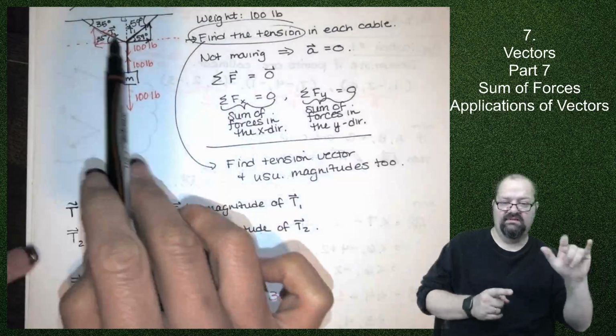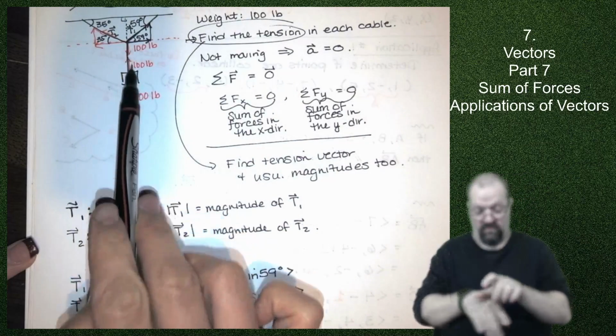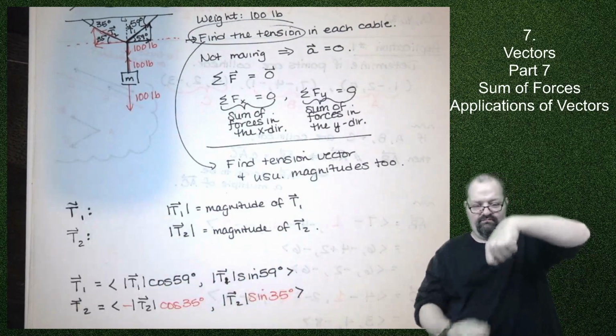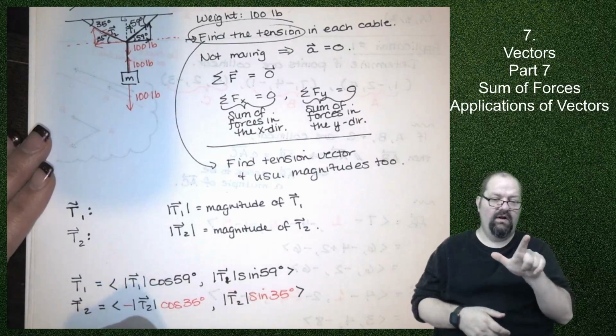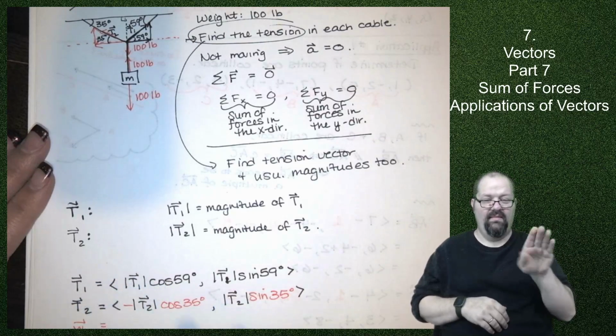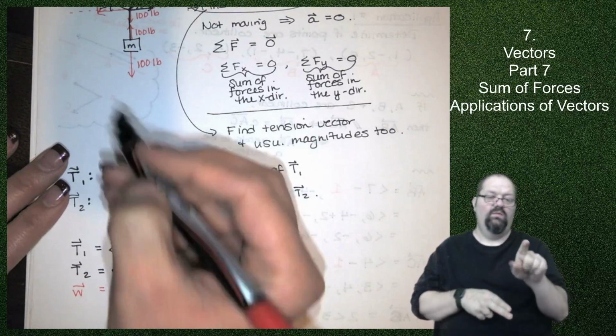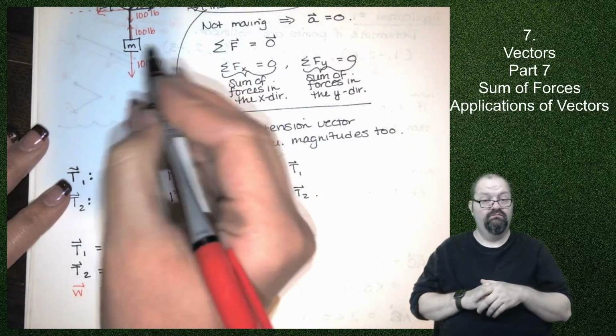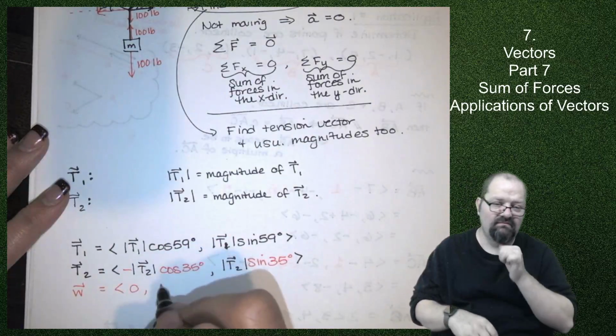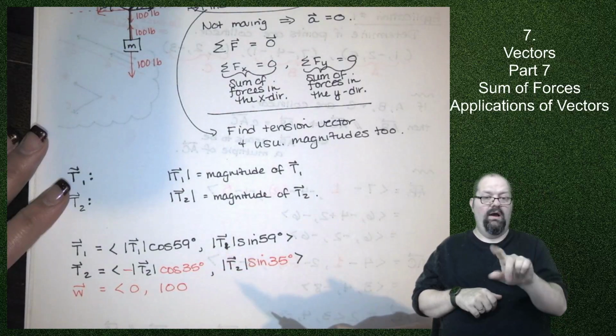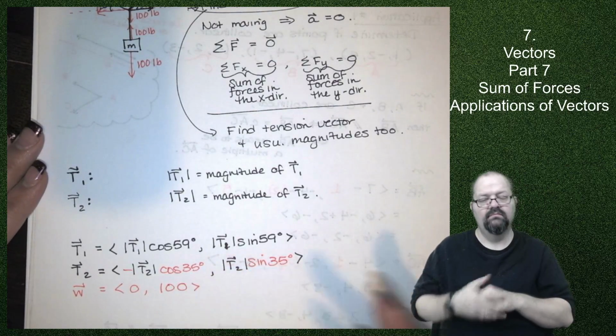So those are those two forces, and then we've got this other force from the mass that's pulling down. The weight of that mass is 100 pounds. There is no force acting in the x direction there at all. It's all in the y direction. It's just 100. Okay.